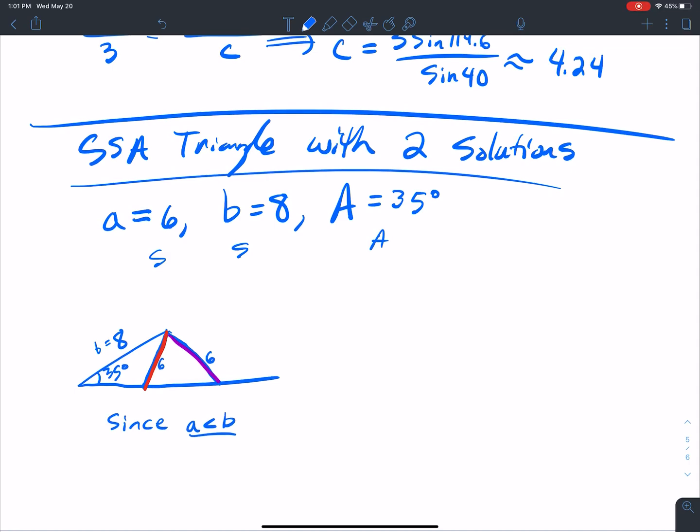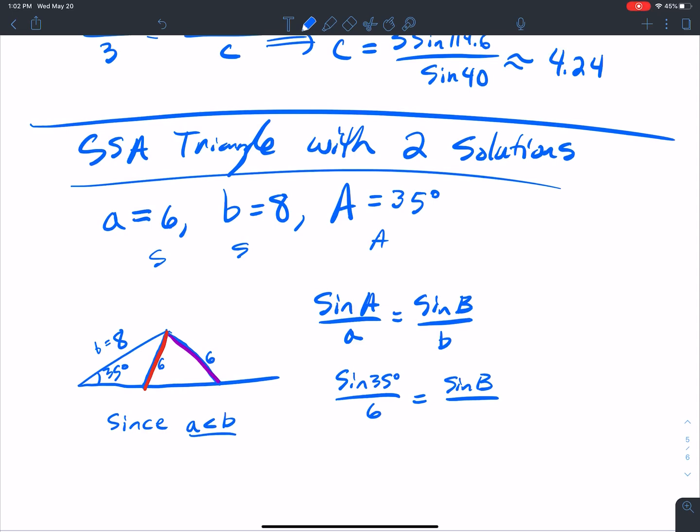Now, law of sines: sine capital A over little a equals sine capital B over little b. So when I run through this, I get the sine of 35 degrees over 6 equals the sine of capital B over little b, which is 8.